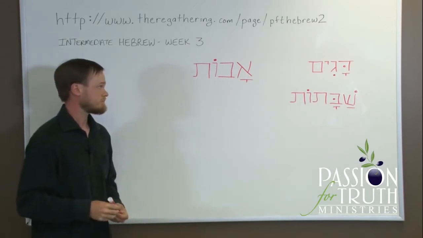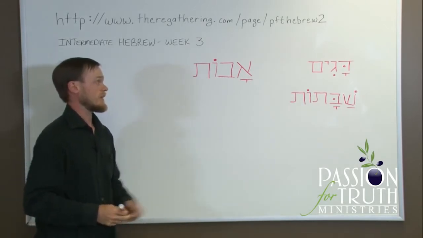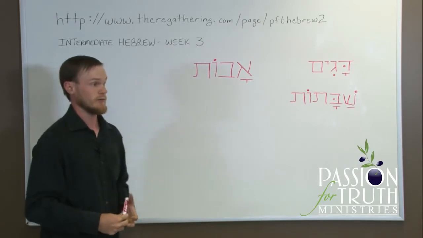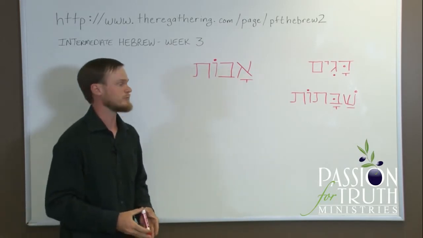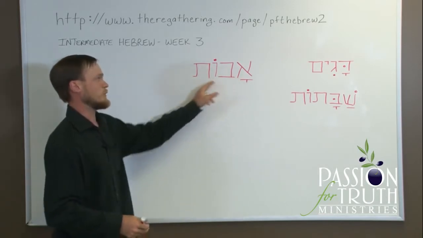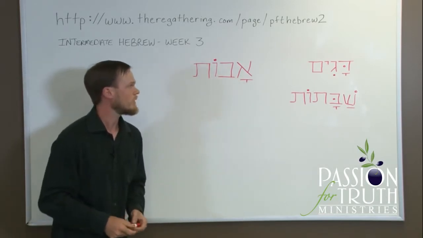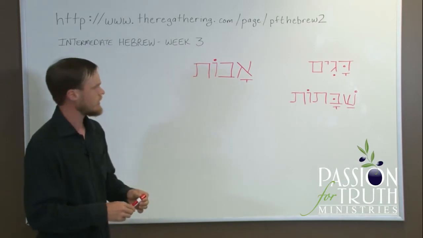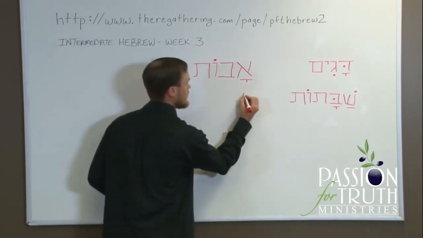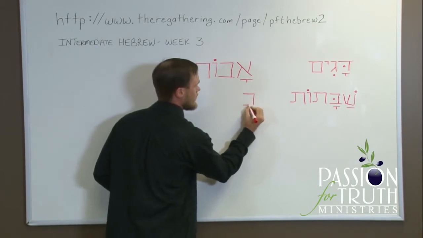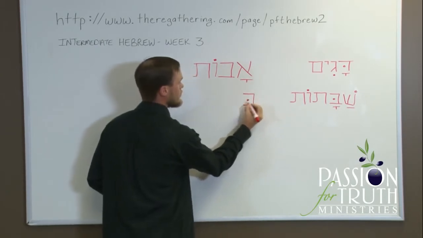And in fact, the phrase avot is used very often, a lot of times referring to Abraham, Isaac, and Jacob. They call them the fathers. Avot is the term that's used.